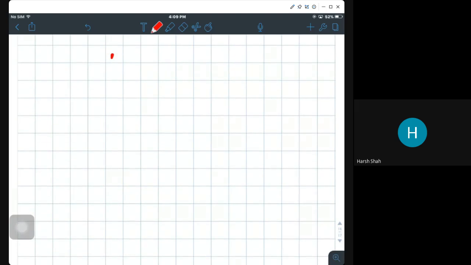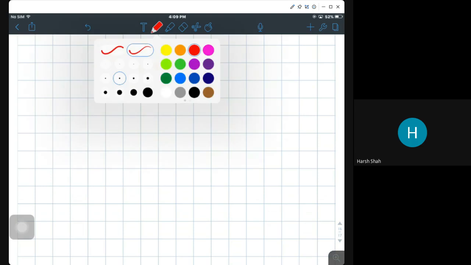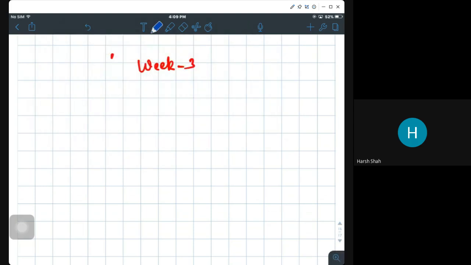Now then we move on to week 3, which is for quadratics. Quadratic graph. A quadratic function is generally of this form, ax squared plus bx plus c. If you see a function of this kind, this is a quadratic function.